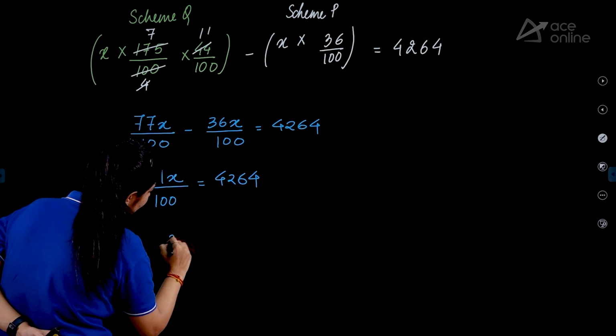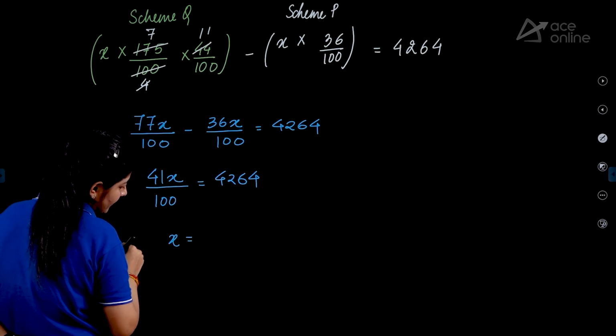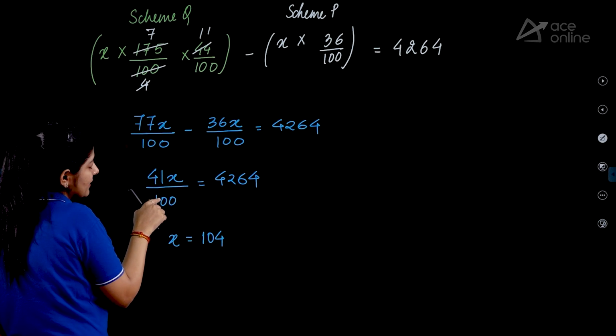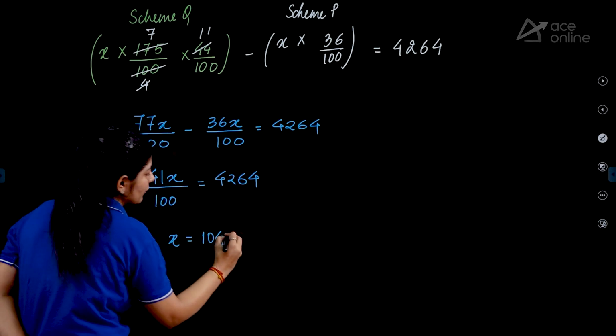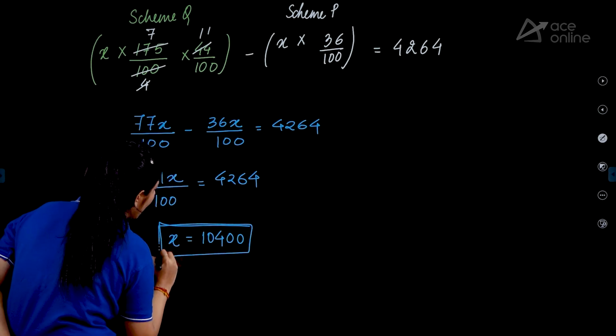When I solve this, we get 104, and this 100 is shifted to this place, so we put 2 zeros over here. So here we are getting the value of x.